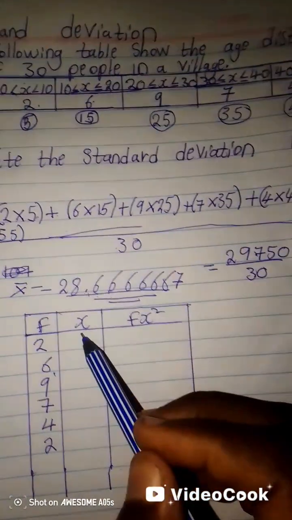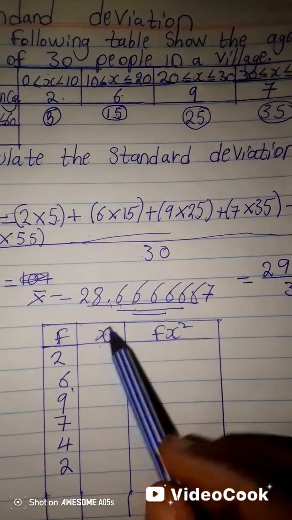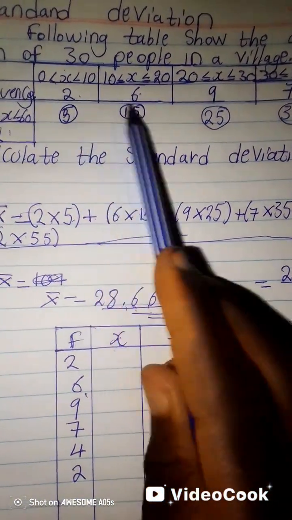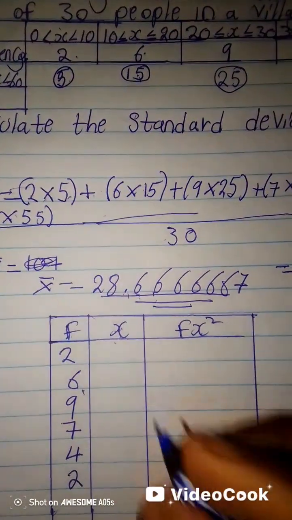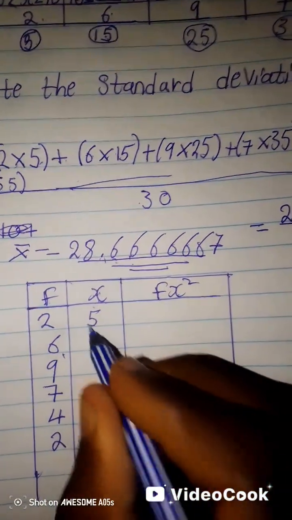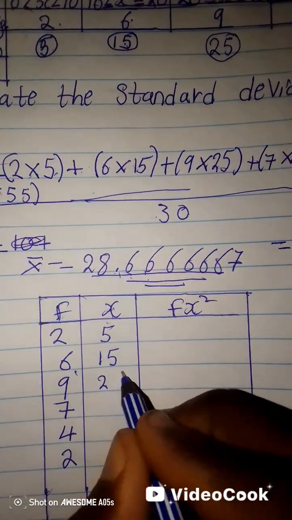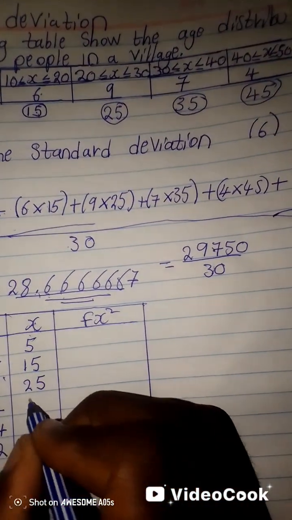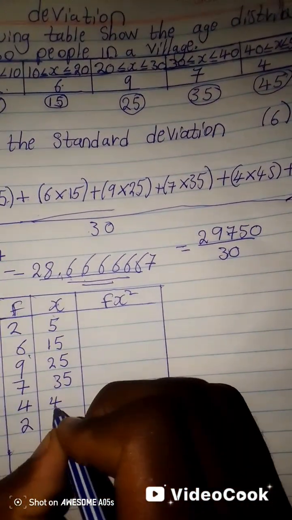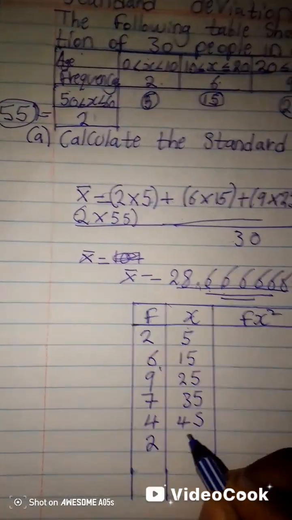Here x represents the midpoints. These midpoints we found, you place them here: 5, 15, 25, 35, 45, and 55.